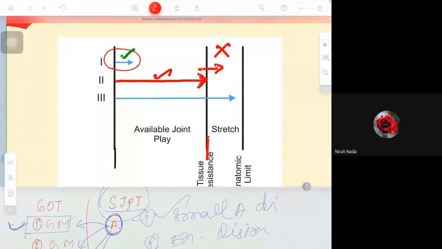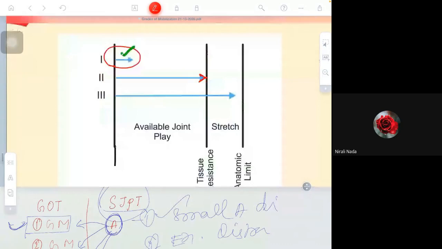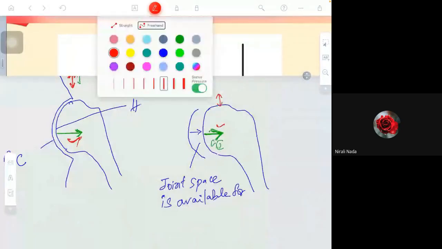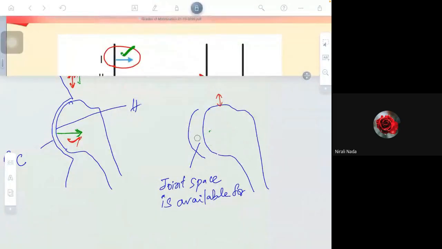You are not crossing the limit. You are just reaching up to the resistance. You are separating the joint till you feel resistance.